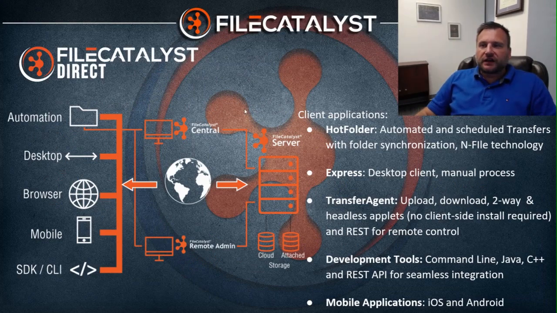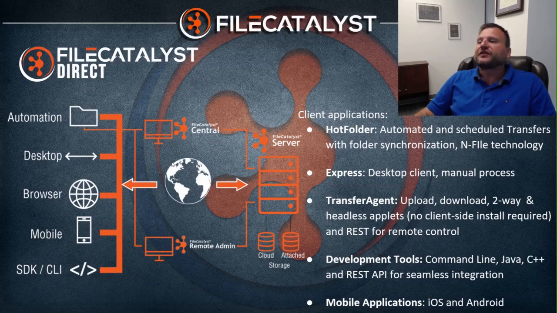So as you can see, Direct is our core acceleration file transfer product, and it's a client-server architecture, so it follows a very similar deployment to FTP, where you have a FileCatalyst server on one end of your transfers. This FileCatalyst server can be connected to local storage, NAS or SAN, or object storage as well.